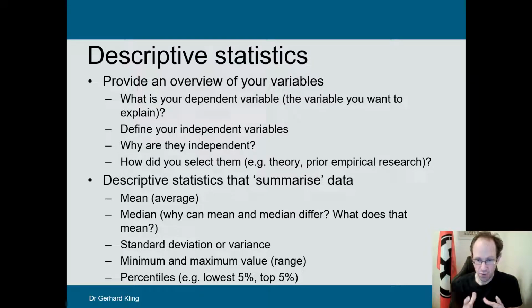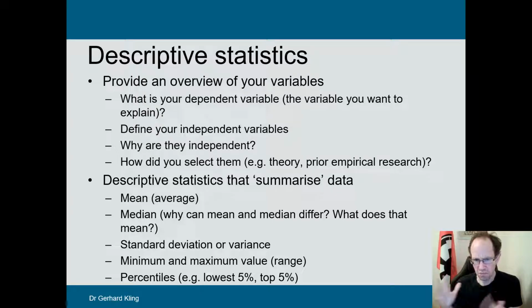The main points you would like to capture are: what is the average value of your variable, which you call the mean? What is the median value? If you rank your observations and go to the middle one, that's the median. So what's the value of the person in the middle?